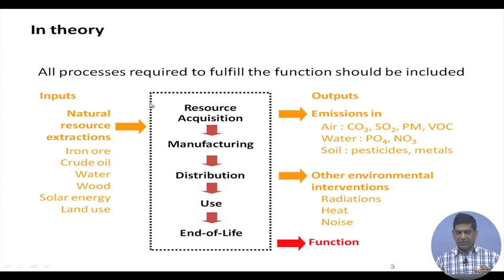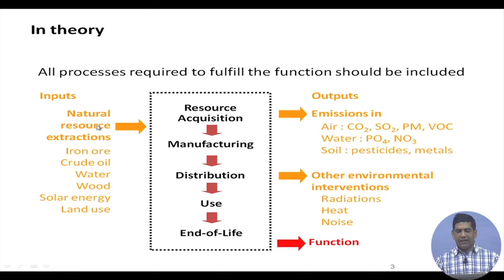This box signifies cradle to grave. For any product, this whole thing needs to happen in terms of the product's life cycle, and that product gives us a function, and we use a functional unit to quantify all these inputs and outputs.